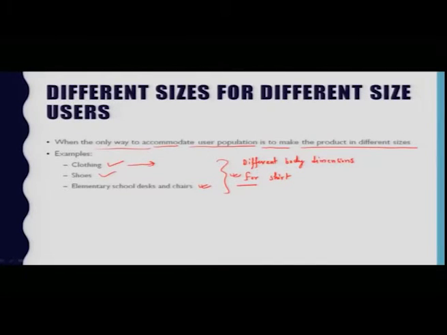So, I am taking here a shirt. While designing a shirt, the important dimensions are neck, you have to take care of the chest dimensions, waist circumference, forward reach.